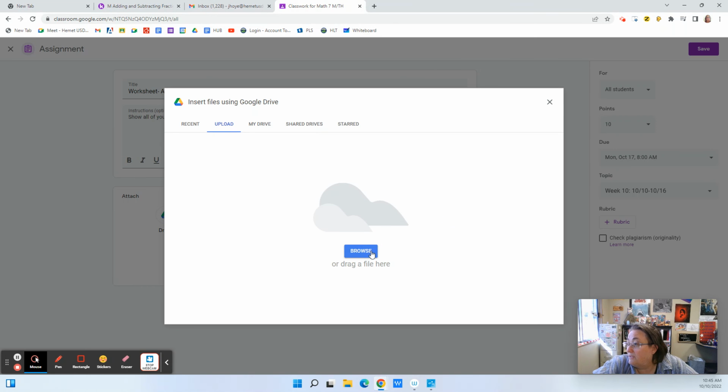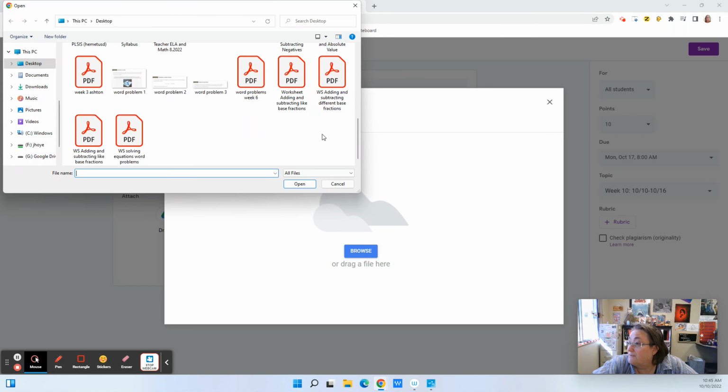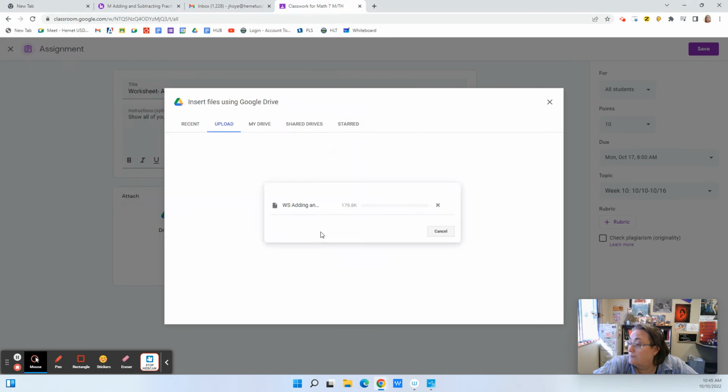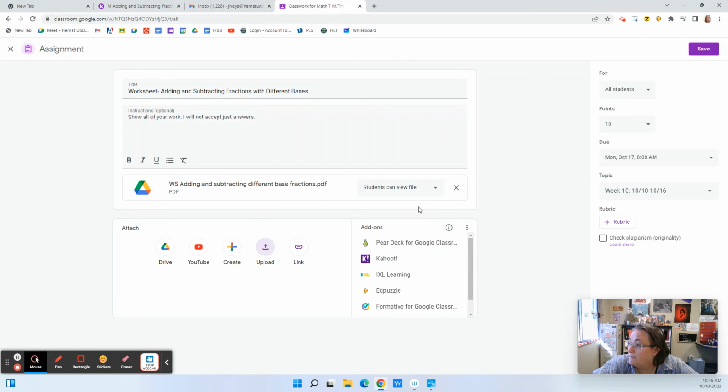I'm glad you told me because that would have made things so much harder. We want different base fractions. And then we wouldn't get it done. We want students can view file. Yeah, you might.